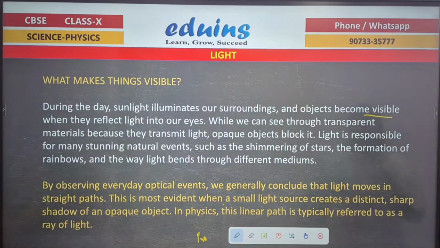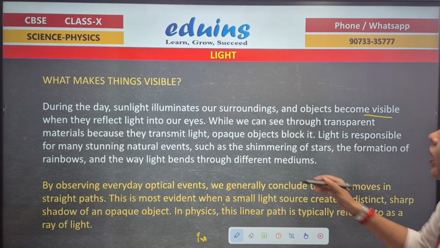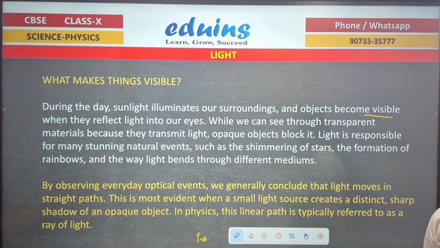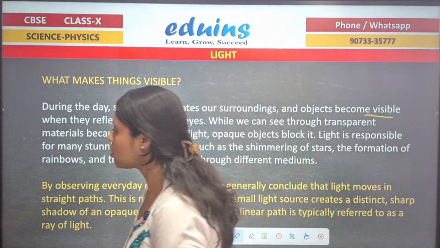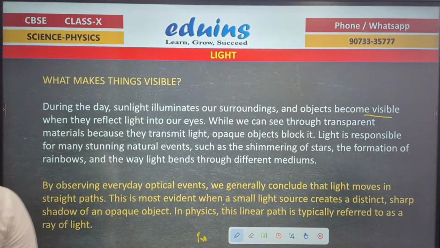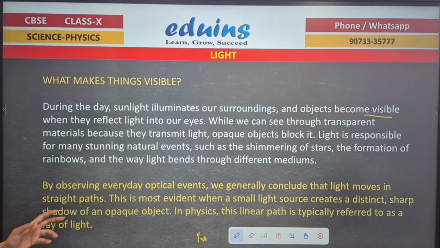So the physics behind the visibility of anything is the light reflection. So the phenomenon is reflection. There are several phenomena of light: reflection, refraction, diffraction, interference, polarization.